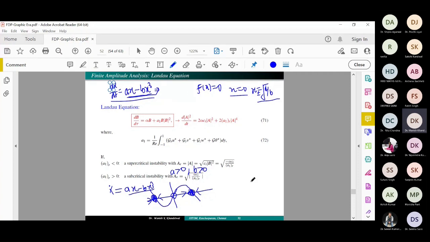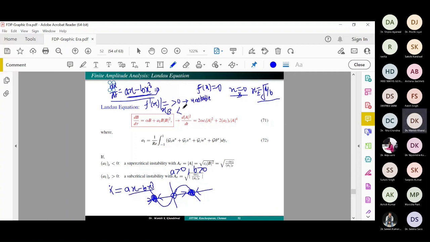At the same time, mathematically, if you examine f dash x, the slope of that curve, at a point xb, these are the xb points. If f dash x at xb is greater than 0, it is unstable.